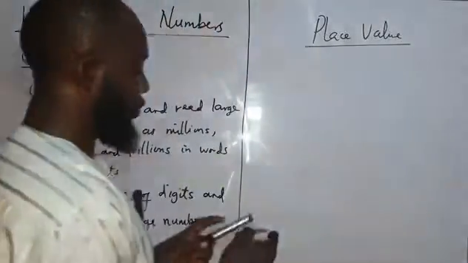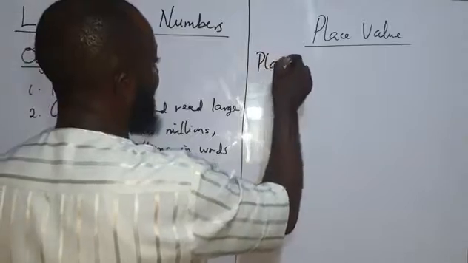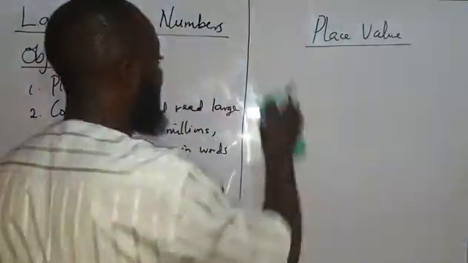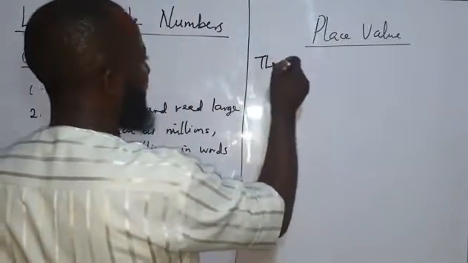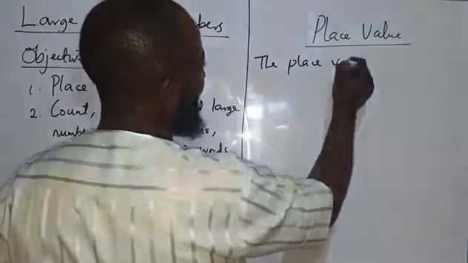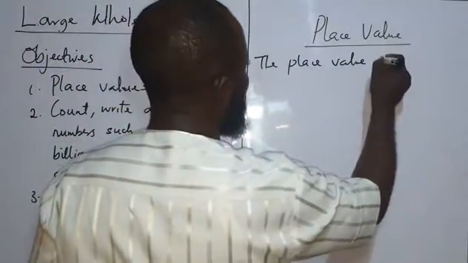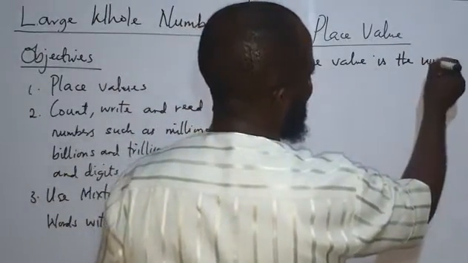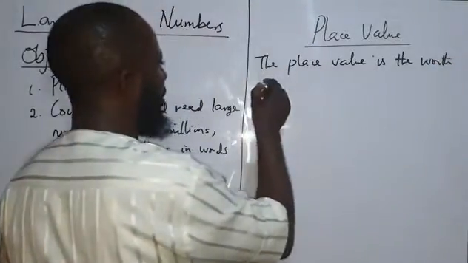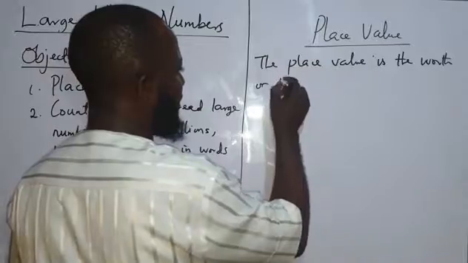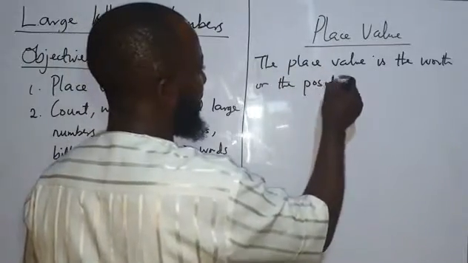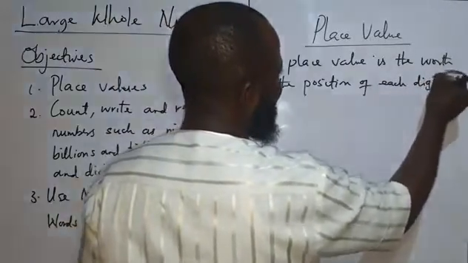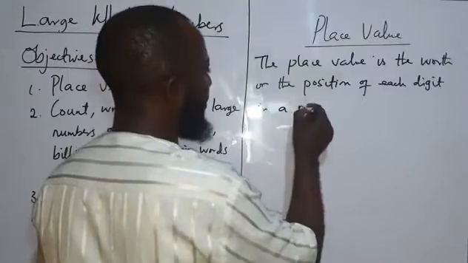So place value, we want to write it. The place value is the value or the position of each digit in a number.